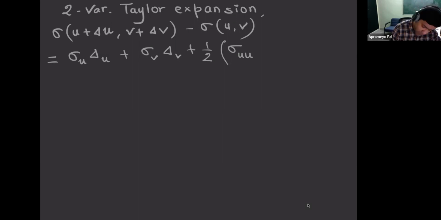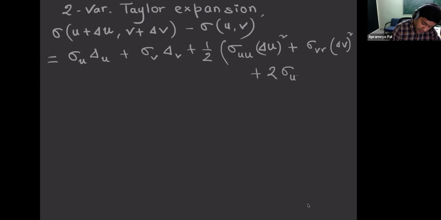So sigma_uu delta u squared plus sigma_vv delta v squared plus 2 sigma_uv delta u delta v, and plus some higher order terms.